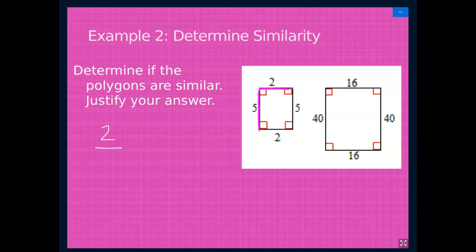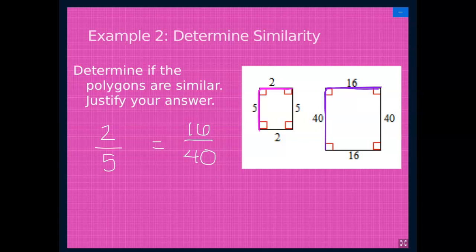So we're going to compare 2/5 to the second rectangle, whose width is 16, height is 40. So we're going to compare 2/5 to 16 over 40. If they are equal, then the rectangles are similar.